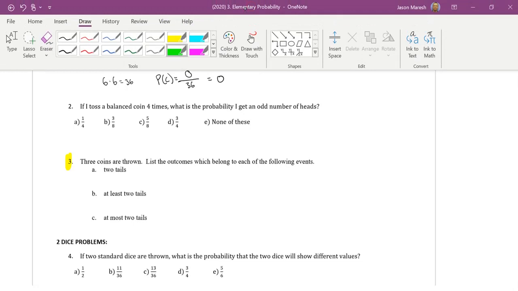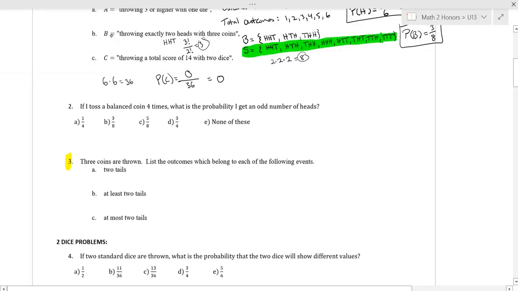So in there, how many show 2 tails? And so we can list them. So tails, tails, heads, tails, heads, tails, and heads, tails, tails. So it's 3.